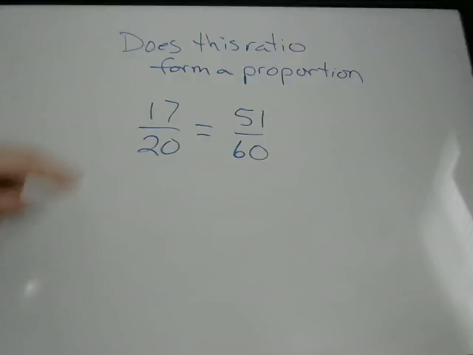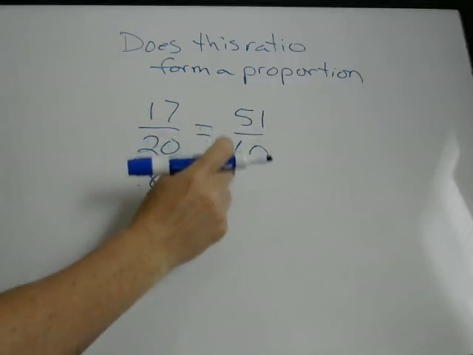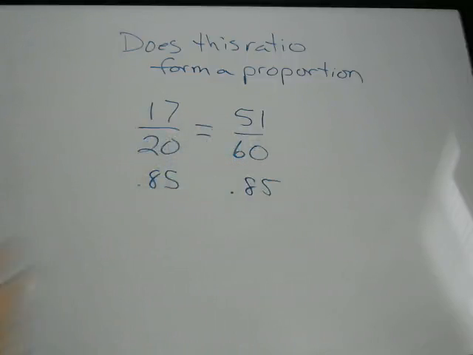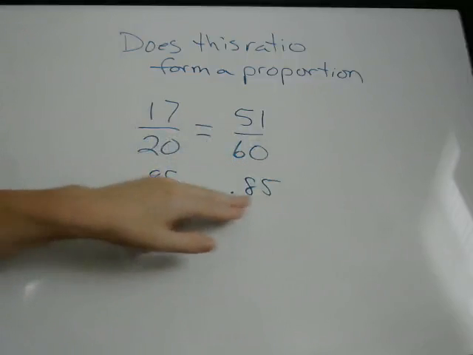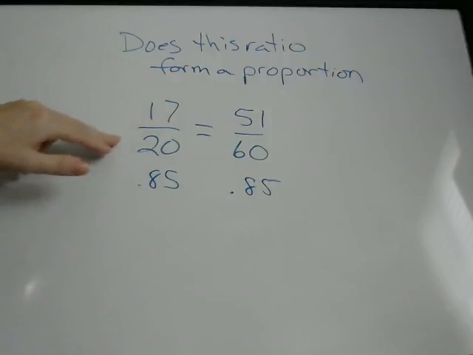So the first way we can do that is 17 divided by 20 gives us 0.85. 51 divided by 60, plug that in your calculator, you're going to get 0.85. So we can see that they are equal because these numbers are equal. So the answer to this question would be yes, it does form a proportion because this fraction is the same as that fraction.